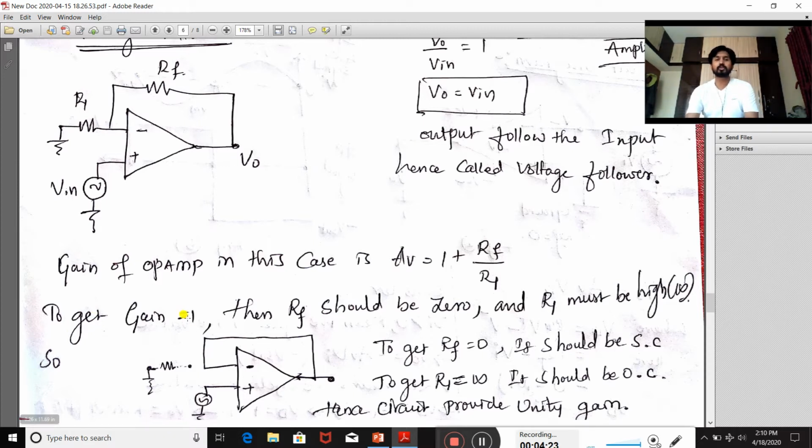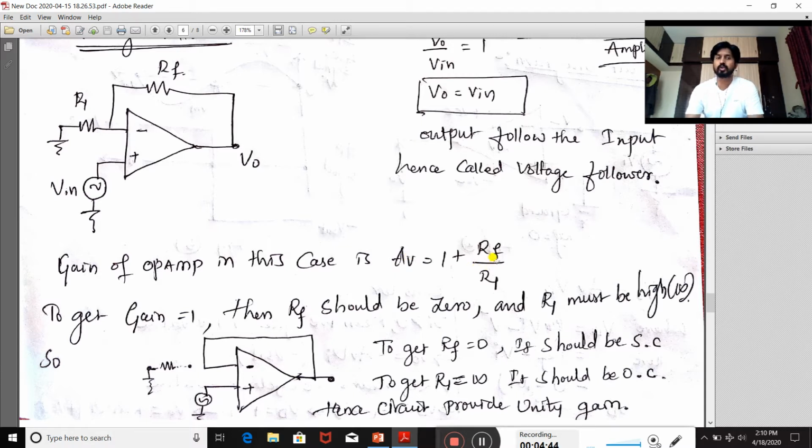The gain of this op amp is 1 plus RF by R1. So 1 is already there. Now this RF by R1 value should become 0. Only then does the gain of the op amp in this configuration become 1, otherwise no.